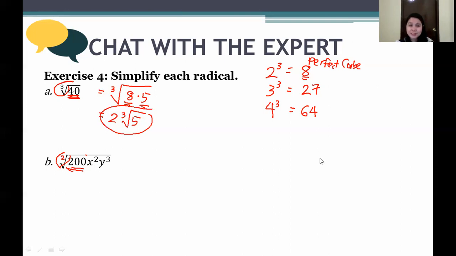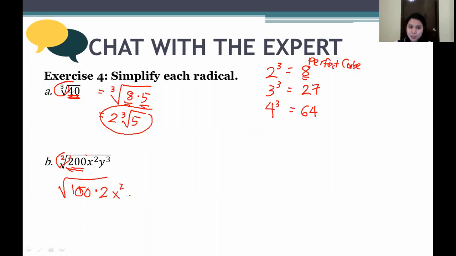What can be the factors of 200, where one factor is a perfect square? You start listing. Okay, very good, Ali. 100. You can write 200 as 100 times 2.